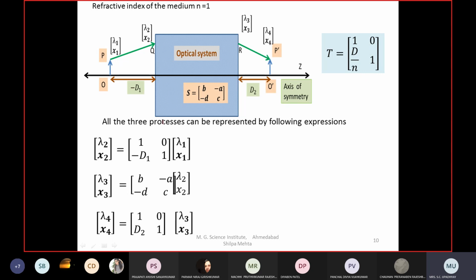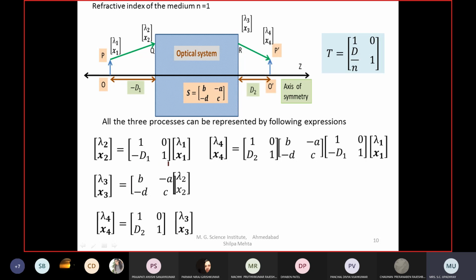So we have to form the three equations into a single equation. We have initially lambda 4 x4 is equal to 1 0 d2 and 1 and lambda 3 x3, but lambda 3 x3 is equal to b minus a minus d and c lambda 2 x2, but lambda 2 x2 is equal to 1 0 minus d1 and 1 lambda 1 x1.